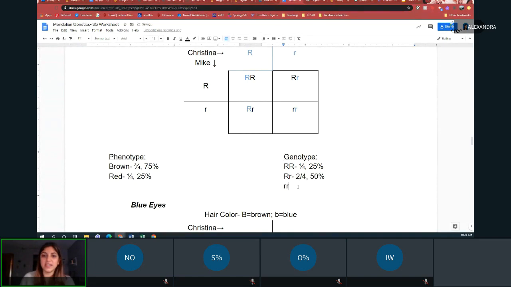And what were the chances of little r, little r? Exactly, Bella. Good. 1/4 or 25%. And so the question is asking, what were the chances of Luke having red hair? And so we can highlight this because this is what our chances were. The chances were 25% or 1/4.